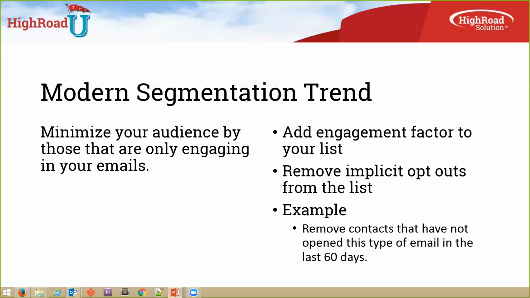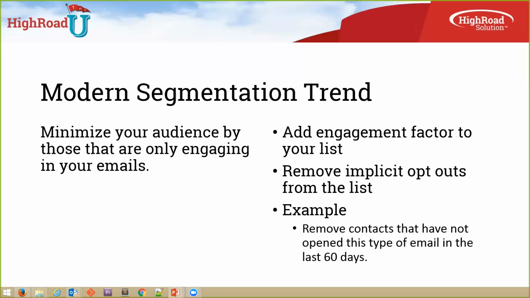A lot of the systems are actually doing this automatically. A lot of the marketing automation platforms are starting to implement this. And it comes to deliverability, and that's the next subject that we'll talk about in a minute. A lot of the ISPs are putting engagement as a factor for deliverability.